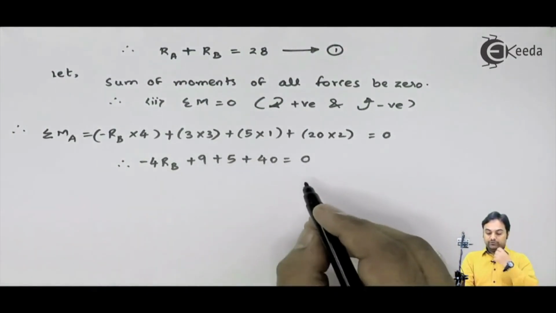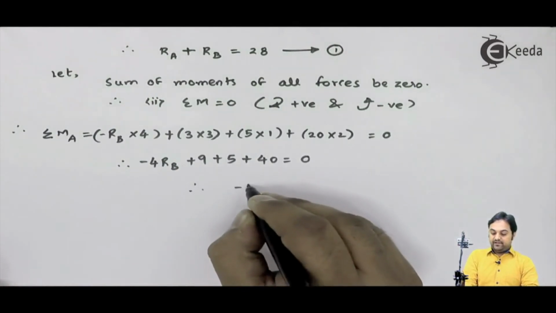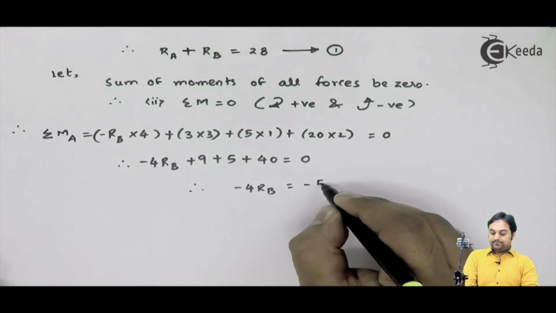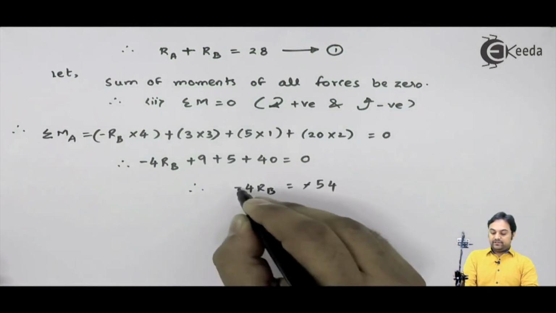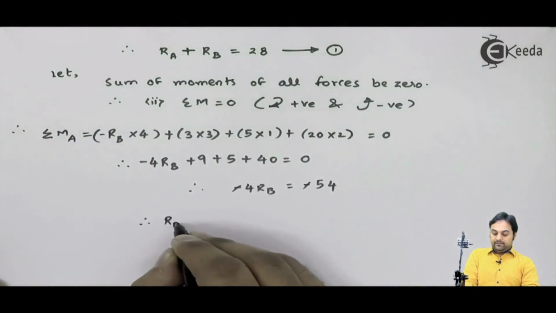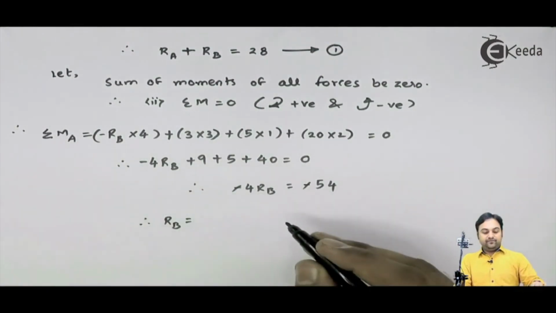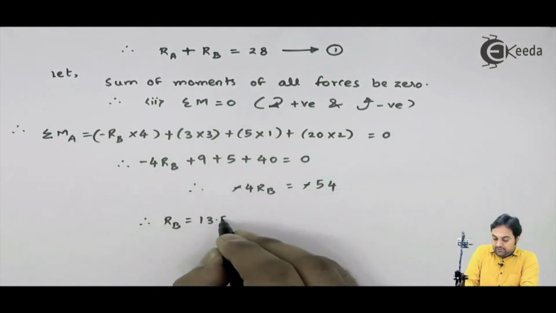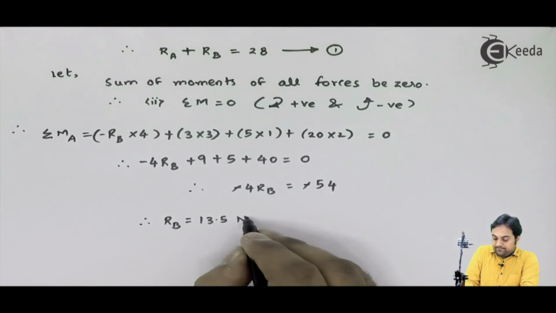If I shift it onto the other side, therefore I will be having minus 4 RB is equal to minus 54. Negative negative cancels from both the side. Therefore RB will be equal to 54 divided by 4, and my answer comes out to be 13.5 Newton.